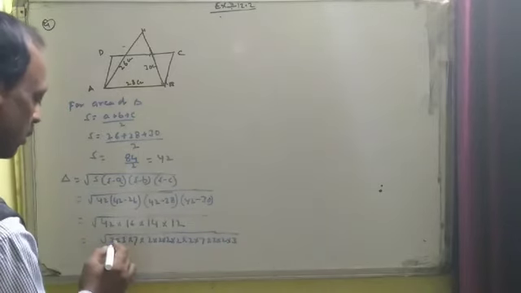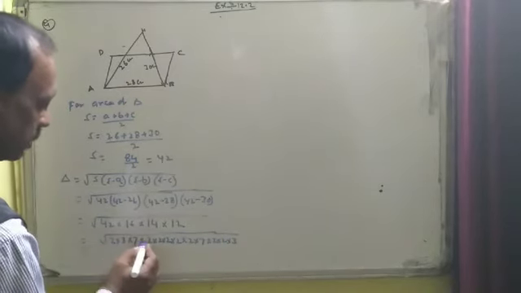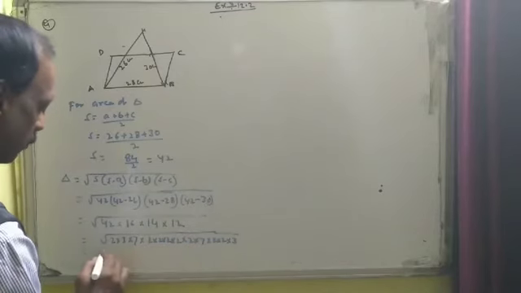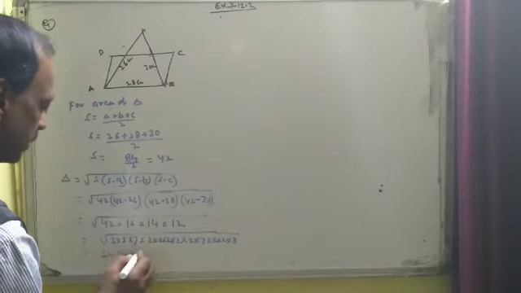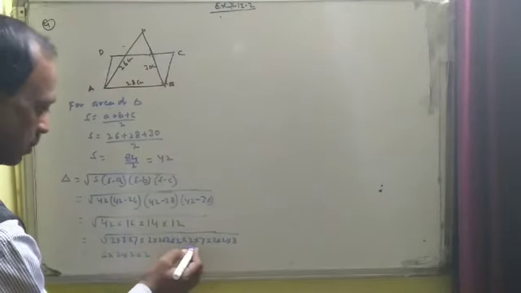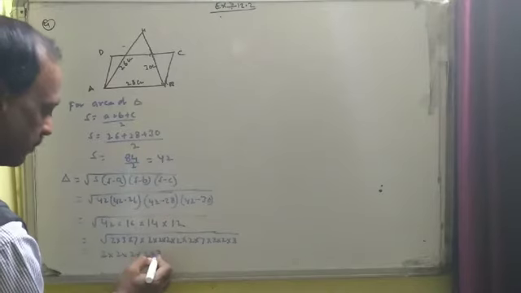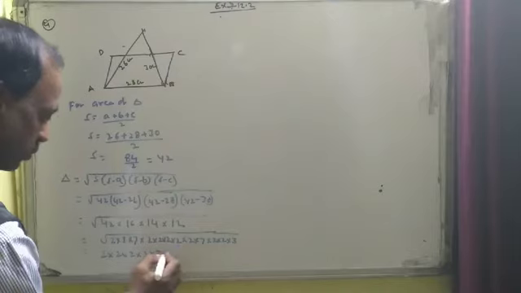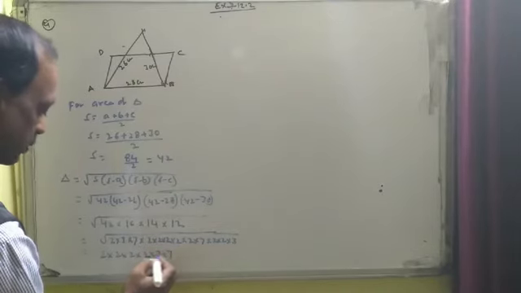Now make the pairs. How many 2s are there? 1, 2, 3, 4, 5, 6, 7, 8. So four 2s will be outside the root sign. And 3 is 1, 2, so 1 three. After 3 it is 7: 1 and 1, 2, so one 7 will be out.